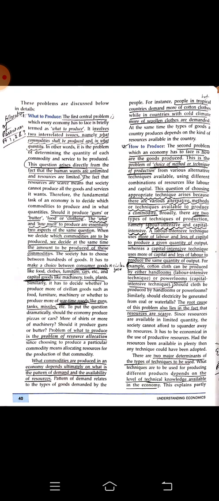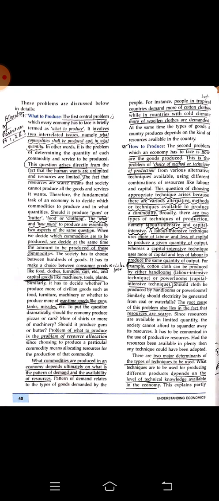That means all the resources are not available in every country, right? So we first have to understand where the resources are and which countries are rich in which resource. What commodities are produced in an economy depends ultimately on the pattern of demand and the availability of resources. Both things are considered.